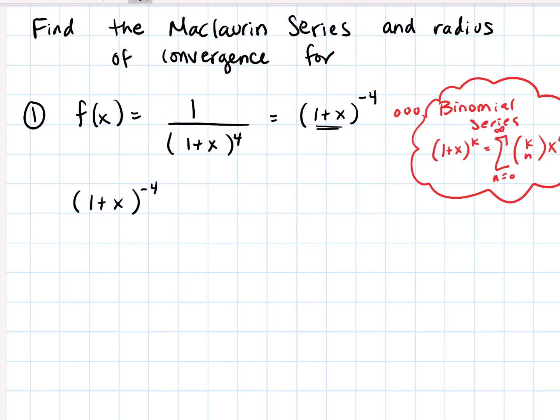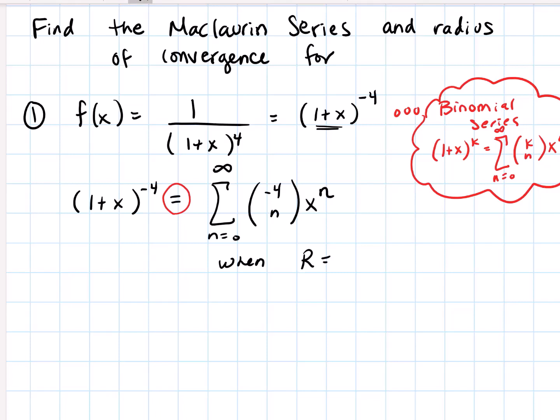Now, I'm sorry, we should say one more thing. As soon as we've done this equality, we should always mention that this is true when the absolute value of x is less than 1. Anytime we take a function and set it equal to a power series, we need to clarify on what interval or radius that is true around 0 here.